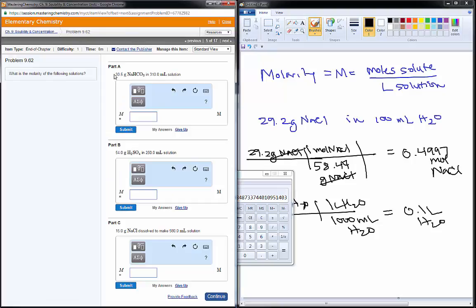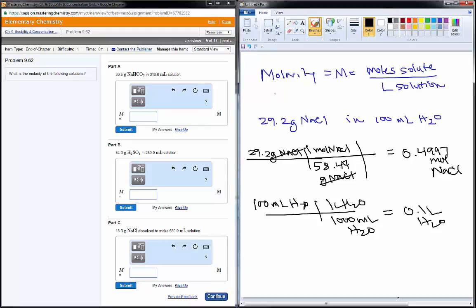All right, so now what is the molarity of each of these solutions? Each of these is exactly the same story because I'm given grams and I'm given milliliters. So I'm going to take grams and convert to moles, and take milliliters and convert to liters, and then divide moles by the liters because that's the unit of molarity. So let's try that here.